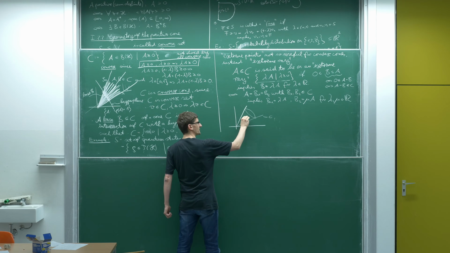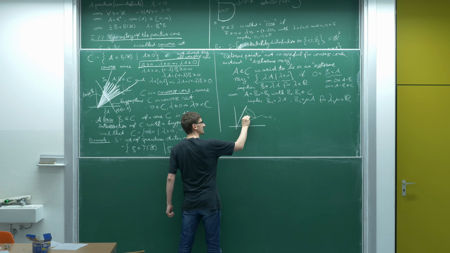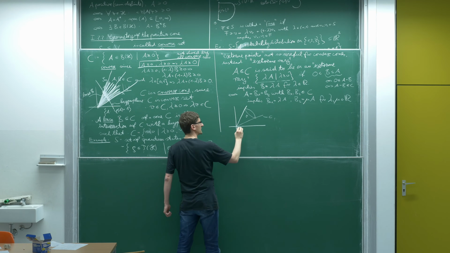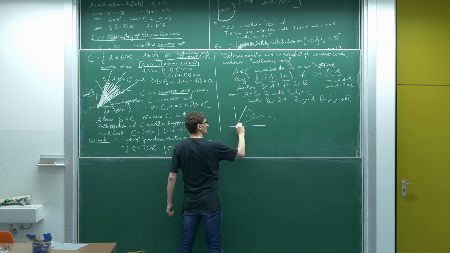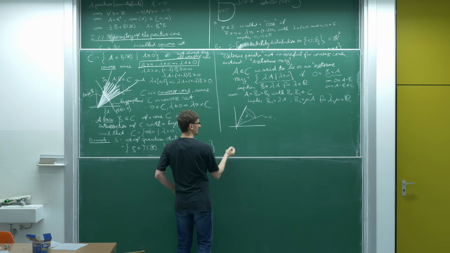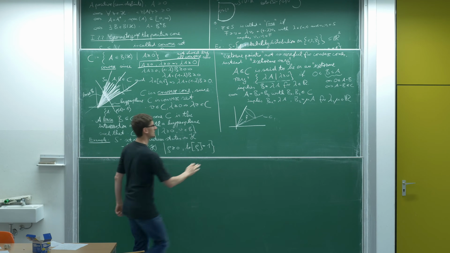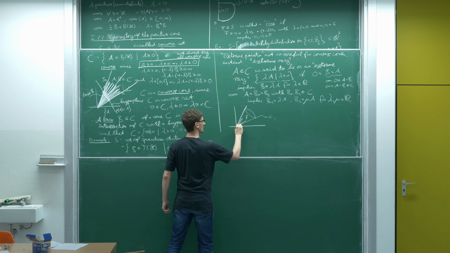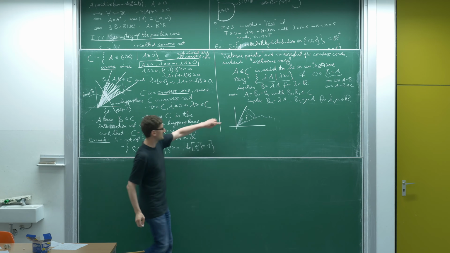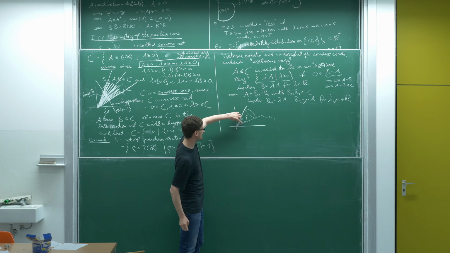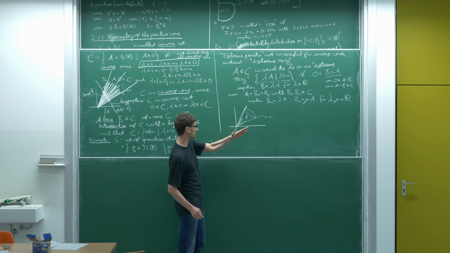So, if we take, for example, this point A, we can write it as this element plus this element. Because the sum of these two elements is just go along this one and go along this one, and you end up at A. So it's maybe more like this. Right? So this point in the interior can be written as a sum of two elements that don't lie in the same direction.